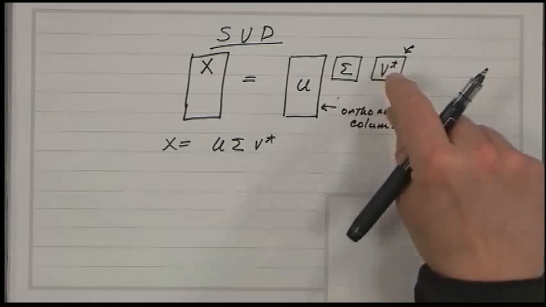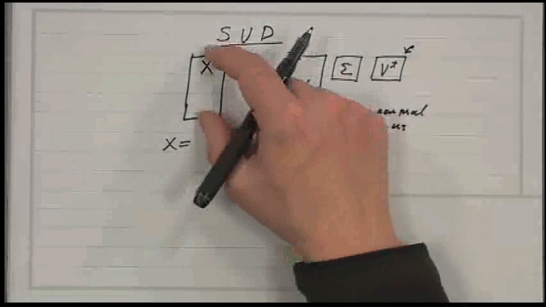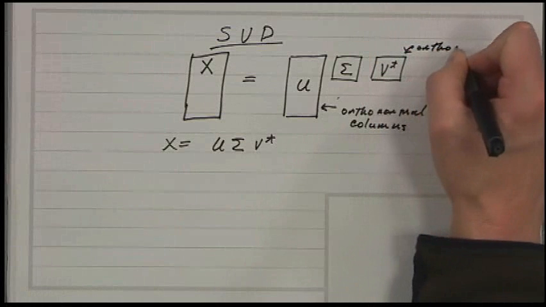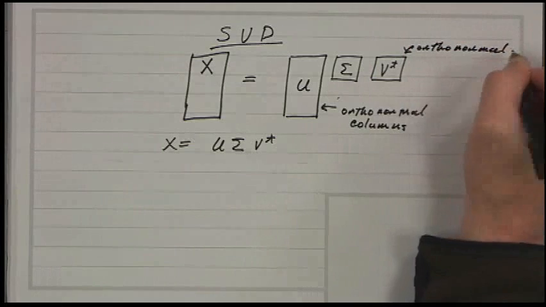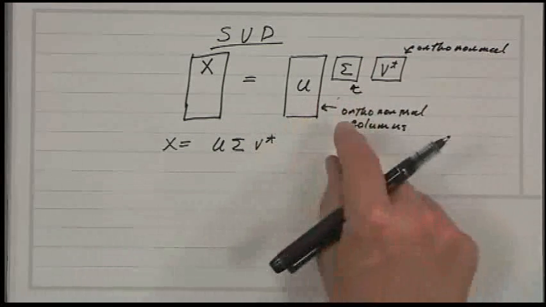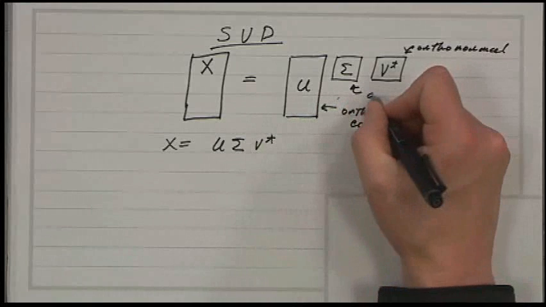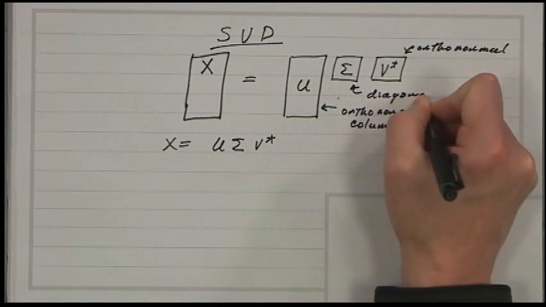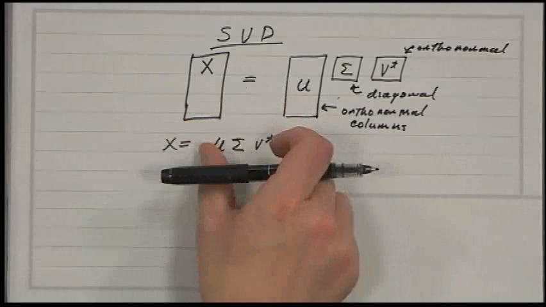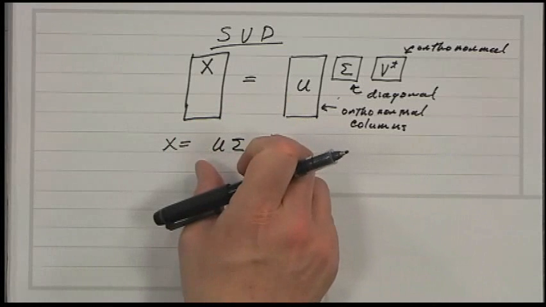In this particular case, we're assuming the matrix is tall and thin, so this is just orthonormal. This is a little bit specialized to the particular example I'm giving you. It's not a completely general interpretation of the SVD. And this is diagonal, because the SVD works for matrices which are tall, thin, square, or fat and wide.